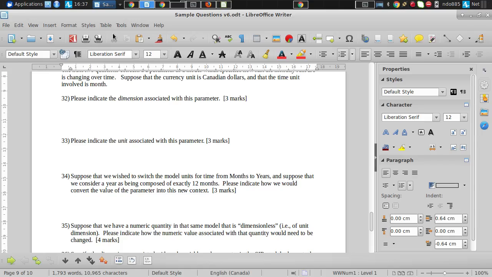I do want you to be able to look at something and say, what are the units of it? What are the units associated with it? And I gave a problem in there that hinges on that. But one of the most important principles is that if you have a stock, and you have a flow into the stock.